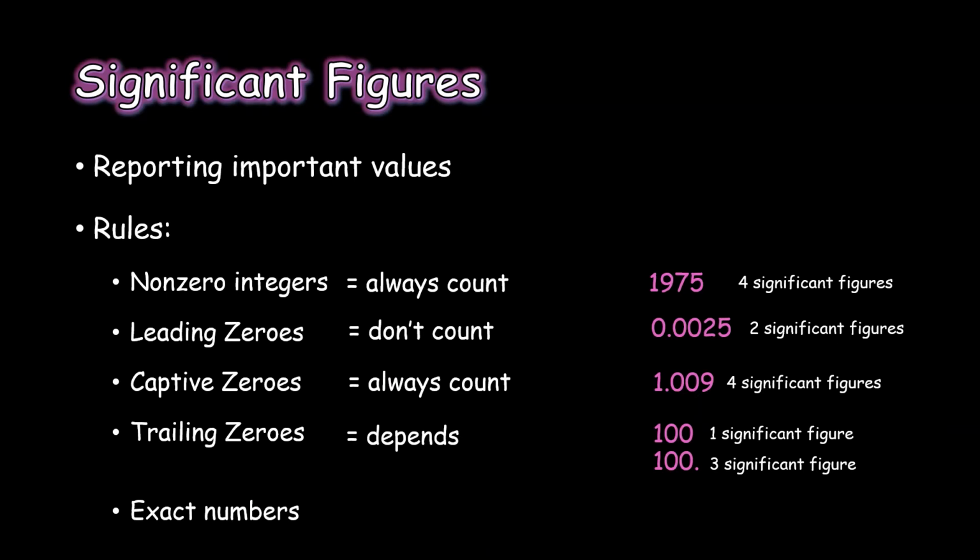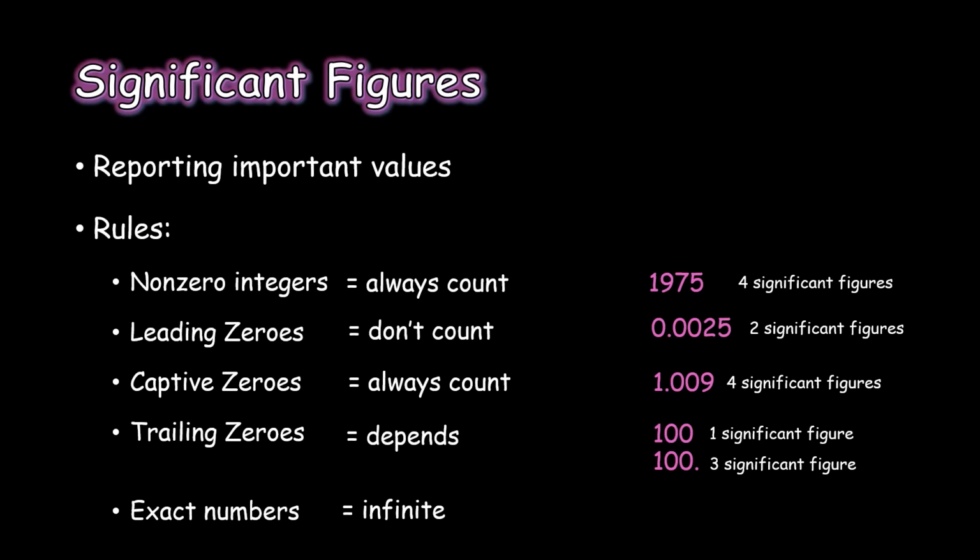And lastly, we have the exact numbers. And with exact numbers, it means that these numbers were not obtained using measuring devices, but were determined by counting. So for example, if you have 5 experiments, 10 lemons, 2 molecules, this would have an unlimited number of significant figures, no matter what.